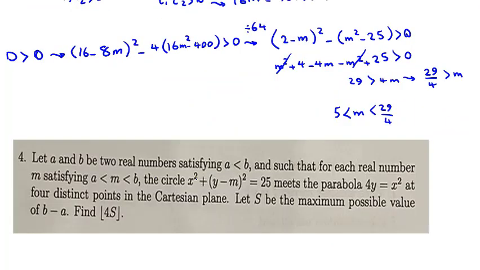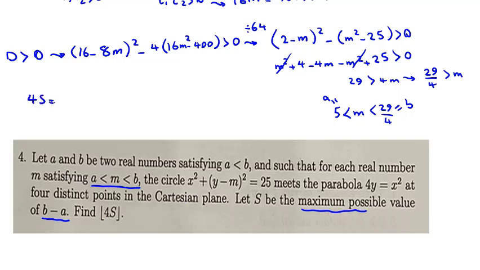If we see the problem again, it says m is between a and b, and s is the maximum possible value of b minus a, and find the integer part of 4s.